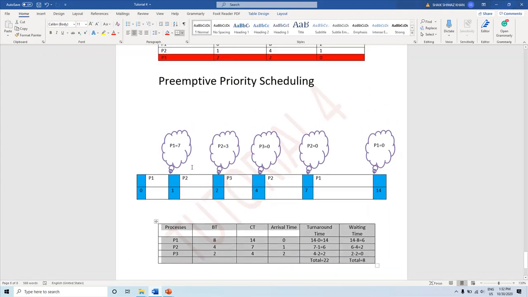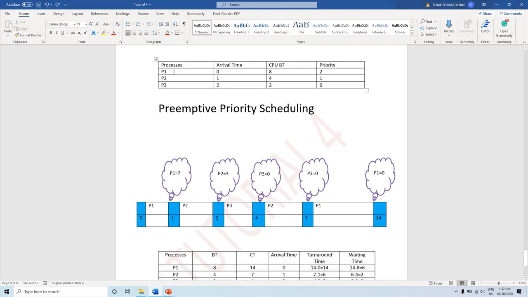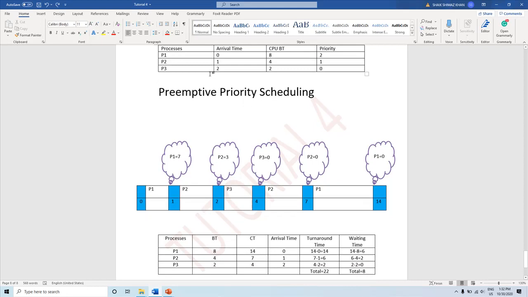Now you see there are three processes. Okay, P1 is running smoothly, but when P2 comes, P1 is removed from the CPU, correct? Why is P1 removed? Because P2 has the highest priority. Now only three processes are here. Okay, when P3 comes, P2 is removed from the CPU. Why? Because P3 has the highest priority. Now there are only three processes.